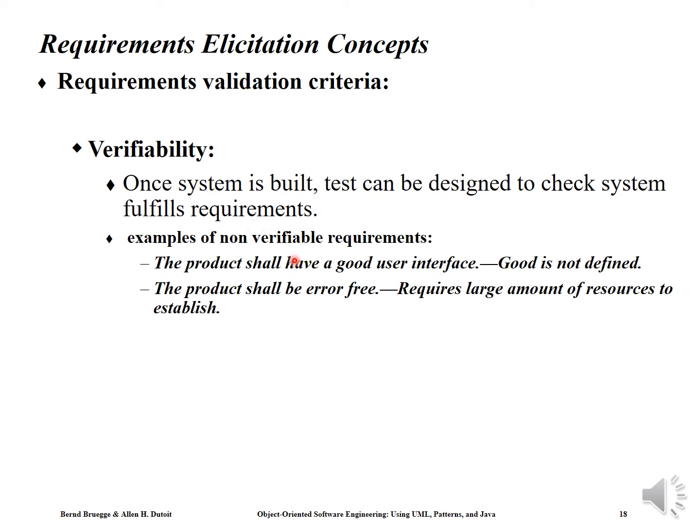So, examples of non verifiable requirements: the product shall have a good user interface. Now, here, good is not defined. And another example is the product shall be error free. So, 100% error free is not possible as it requires a large amount of resources to establish.